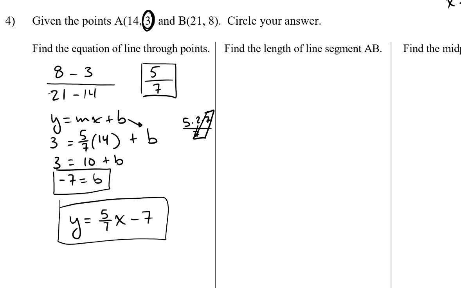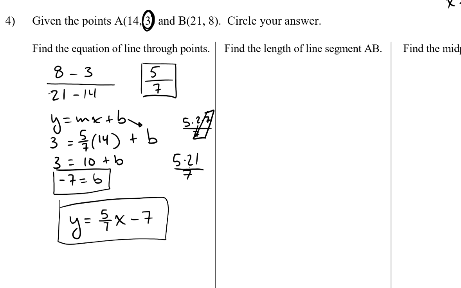Do the same thing with the 21. 5/7 times 21. I know that 21 divided by 7 is 3, and 3 times 5 is 15.